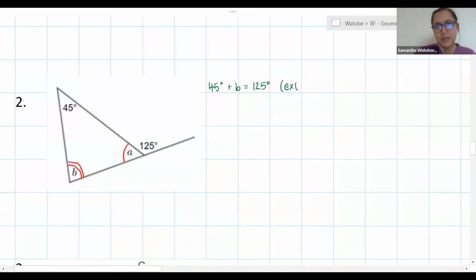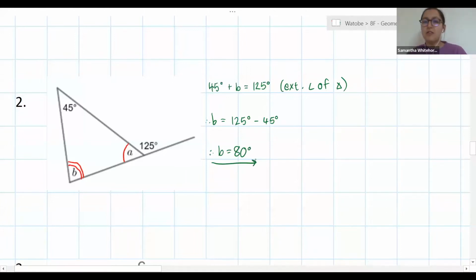Good. Well done. And then I said B is equal to 125 degrees minus 45 degrees, which gave me 80 degrees. Awesome. Well done. Sorry, I had to do some quick mental maths there. So exactly, guys. B is equal to 80, exterior angles of a triangle.